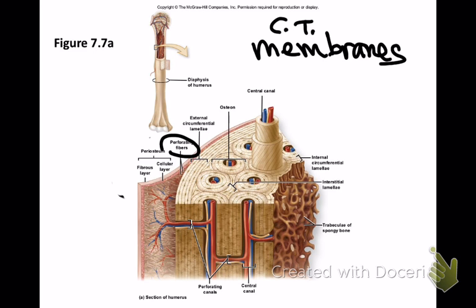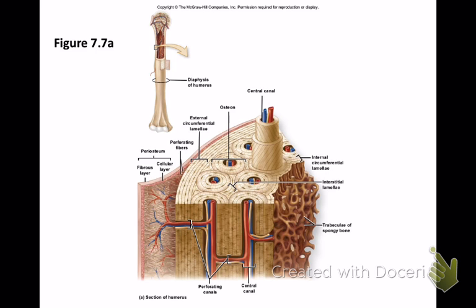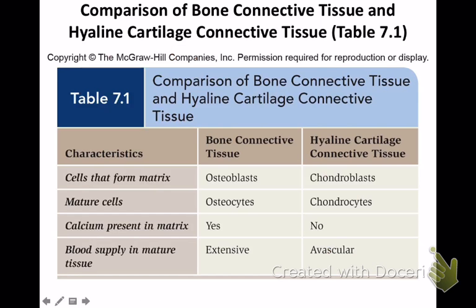I think the last thing we said last time was about how vascular bone tissue is. And some of you seemed surprised that we describe bone tissue as being highly vascularized. But if you compare bone tissue to cartilage, then there you see it in just black and white.